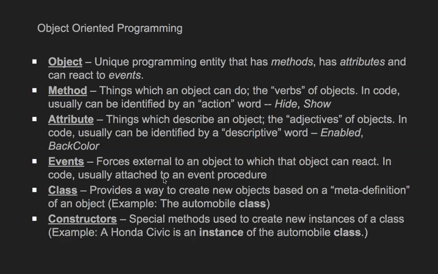Let's go to the method. Things which an object can do, the verbs of the objects in code, can usually be defined as action words like hide, show, and right now we are taking car as an example. Let's take an example of a mechanic. For a mechanic, it doesn't matter if it is a white color or a red color. It doesn't matter to him if there are three seats or two seats.